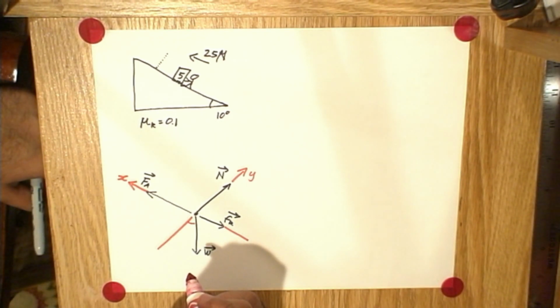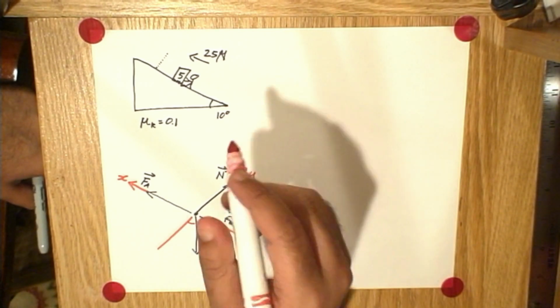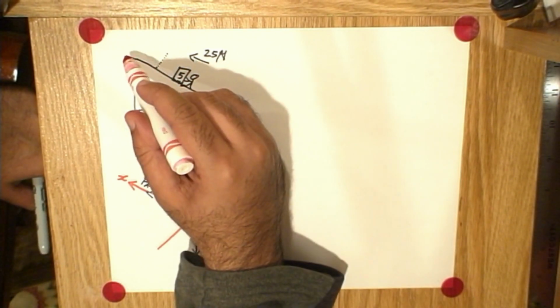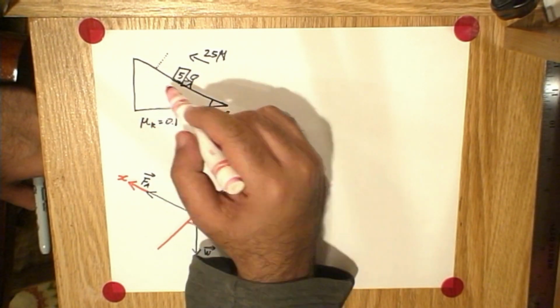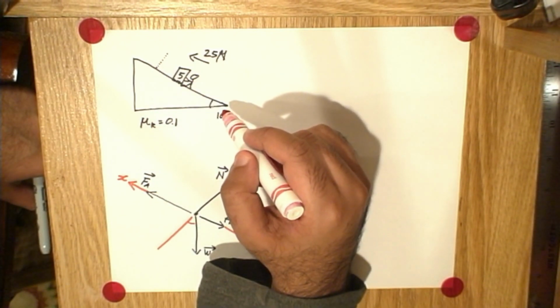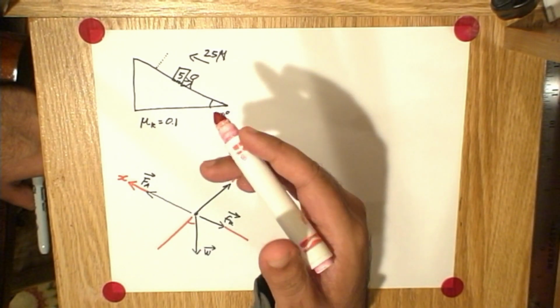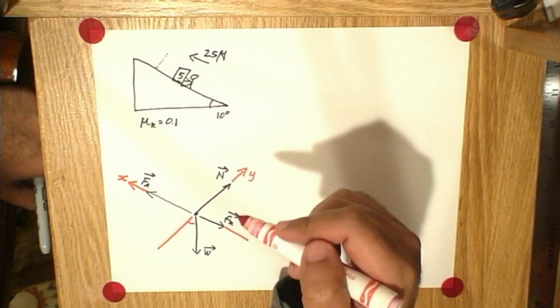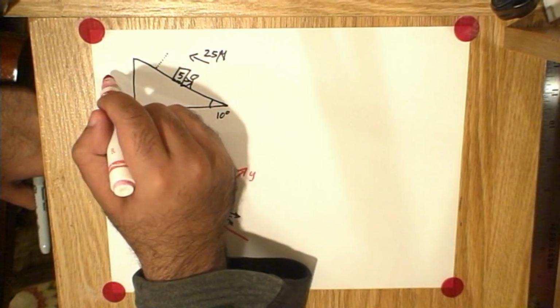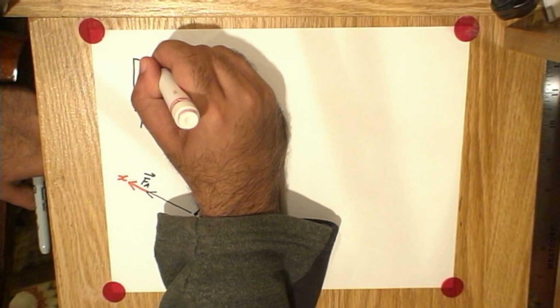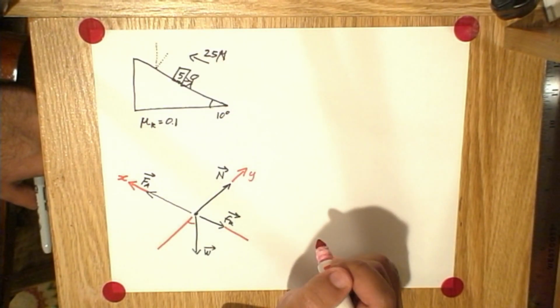Here's how we do it. Remember that the normal force always points at right angles to the surface of the ramp. It always points at right angles to whatever surface is supporting the object. Now, had this been not a ramp but just a flat surface, the normal force would have pointed straight up, like that.